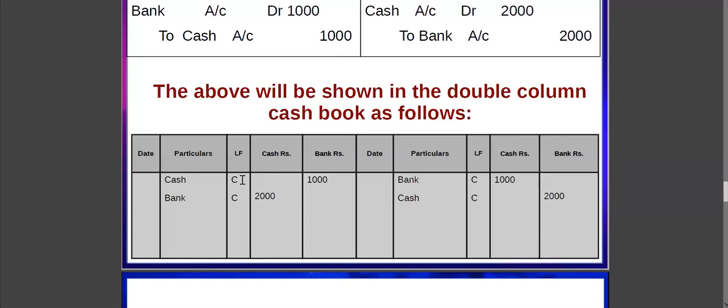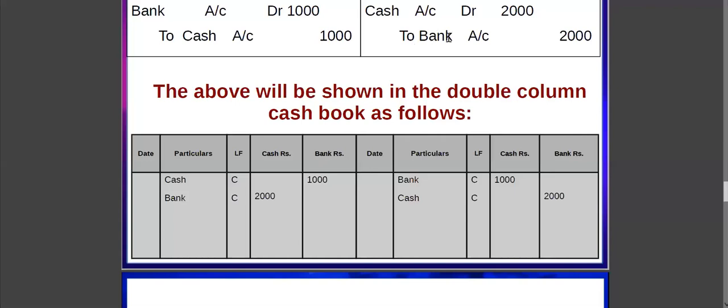In the same way, cash account debit 2000: hold your hand in the cash column, 2000 to bank account. In the same way, credit bank account.